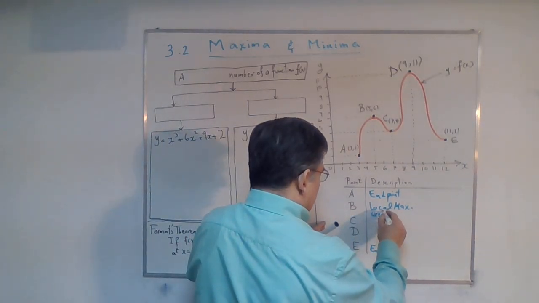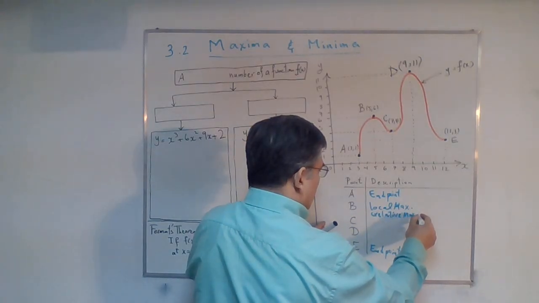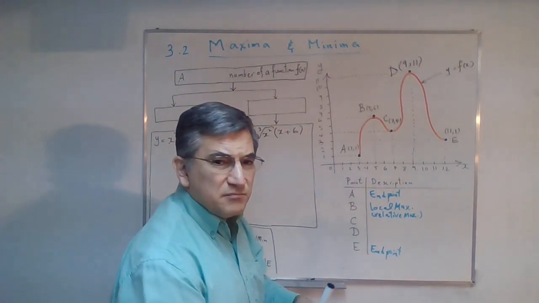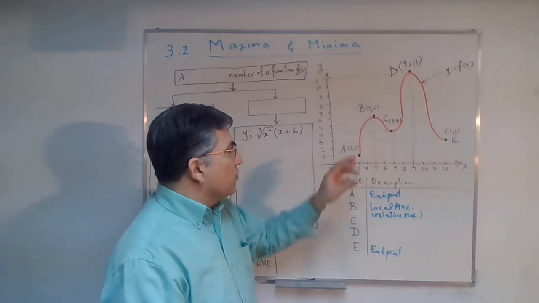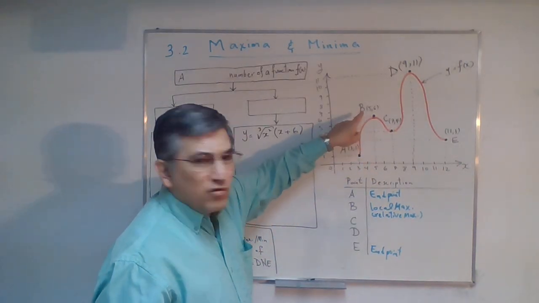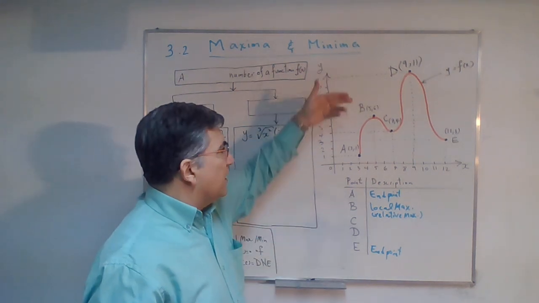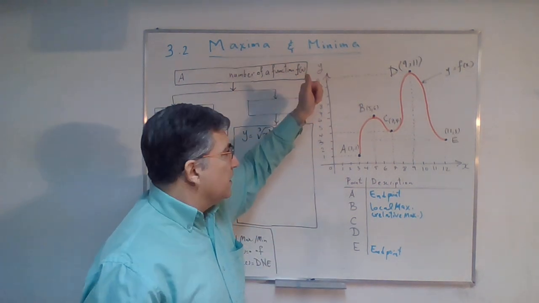So relative maximum point or local max point. Because relatively speaking, or locally speaking, at a neighborhood of point B, this point has the highest y-coordinate. That's why we call it locally, local maximum point.